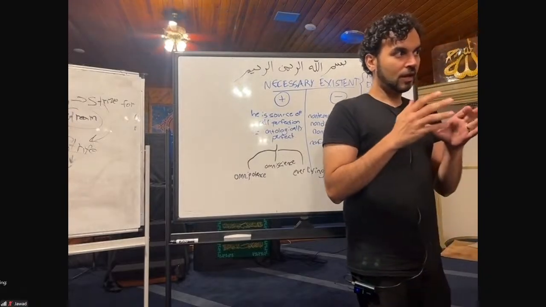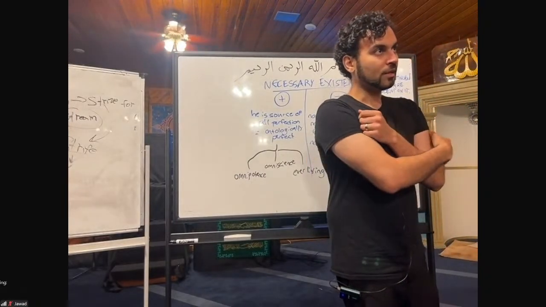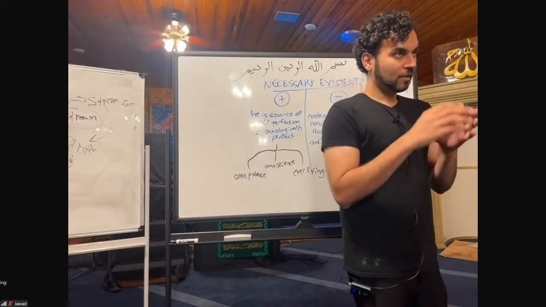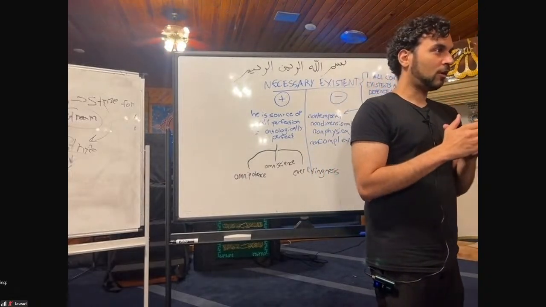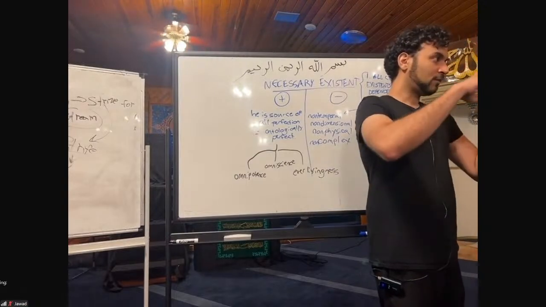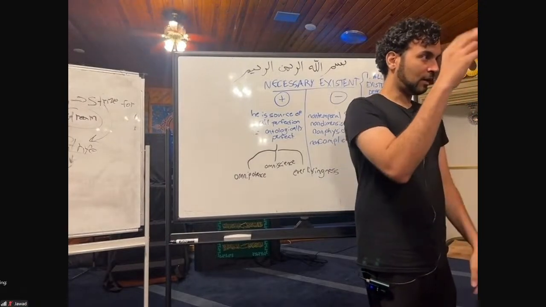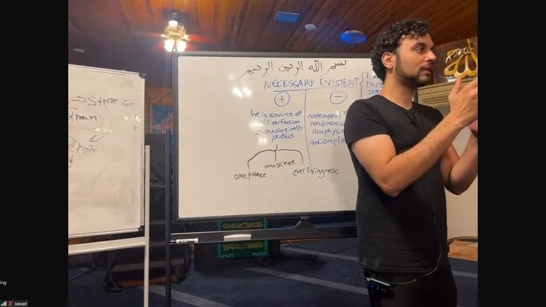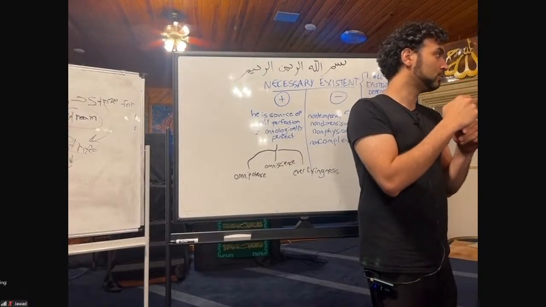So takathur is a type of modified verbal noun in Arabic. The way Arabic works is that every word is derived from a trilateral root system.